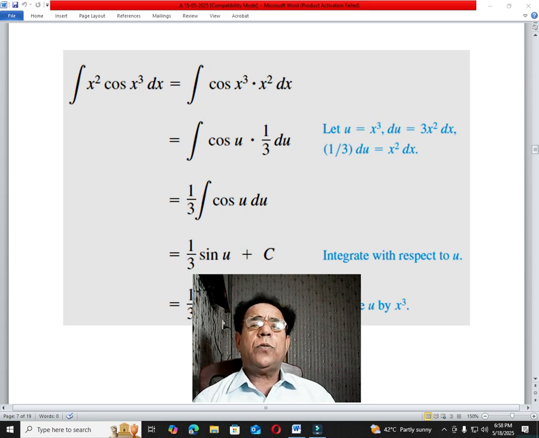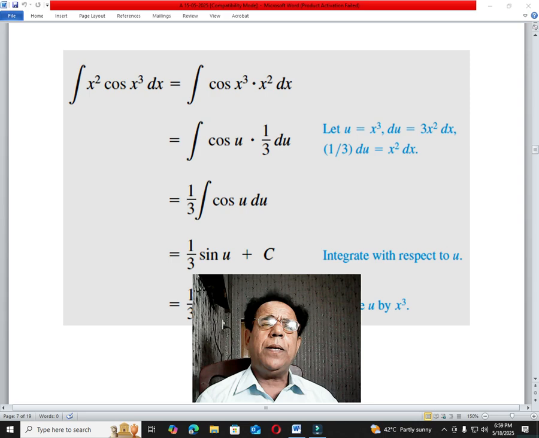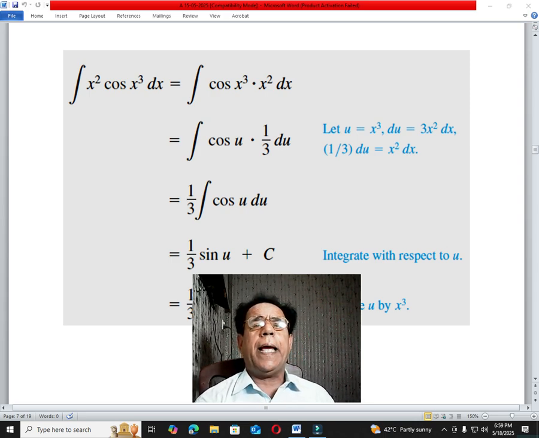Okay, so du will be equal to 3 into x square into dx. In the problem x square dx appears, so x square dx will be equal to 1 by 3 du. So simply 1 by 3 du, and in place of x cube we have used u.